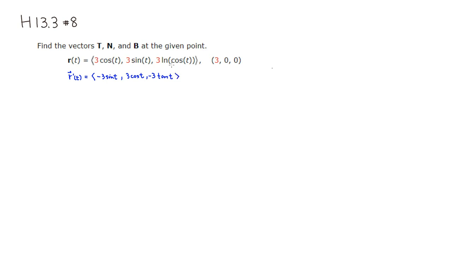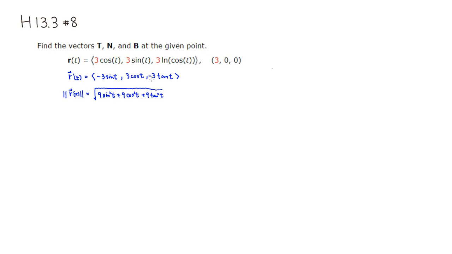Then in order to find the tangent vector, we have to divide this by its magnitude. So the magnitude of r prime of t is equal to the square root of negative 3 squared, 9, times sine squared of t, plus 3 squared, 9, times cosine squared of t, plus 9 tangent squared of t.